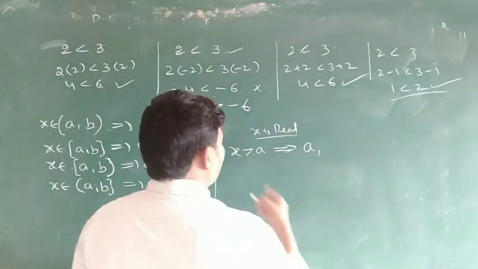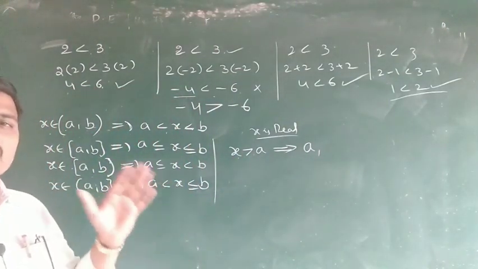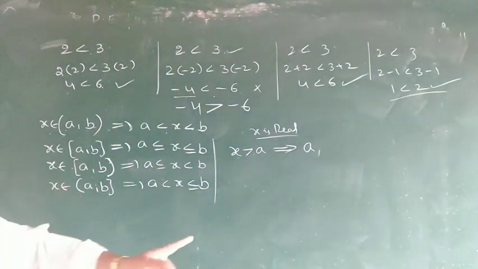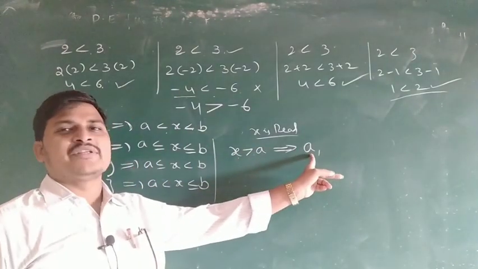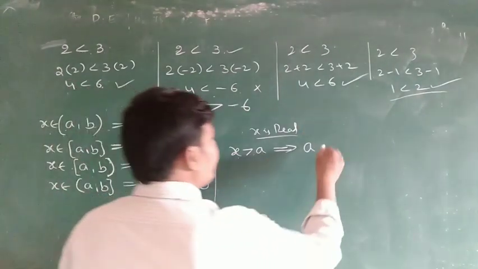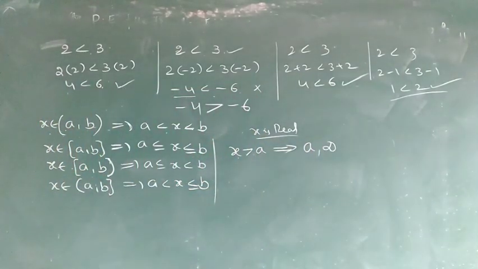What is the first number? The first number is there, just above a. What is the last number? Infinity. So a to infinity. Above a means a to infinity.